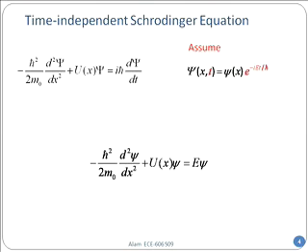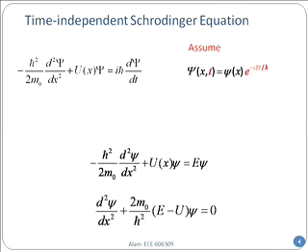I can even simplify it a little bit more. Do you see how the simplifications have come about? I have cross multiplied 2m naught divided by h squared throughout with a minus sign. And therefore, the equation on the top becomes the last equation on the bottom.